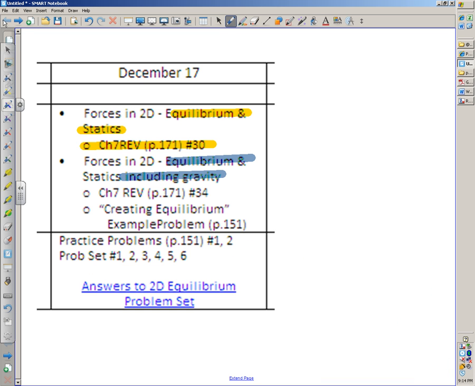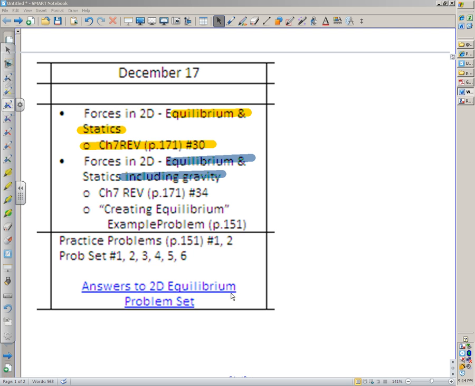Going back to our original agenda, if you look at there, on page 151, problems number 1 and 2, very similar to the gravity problems that we were just working on. And then also from the problem set, the one you got on Friday, which hopefully will show up here in a second, if my computer decides it's going to cooperate.